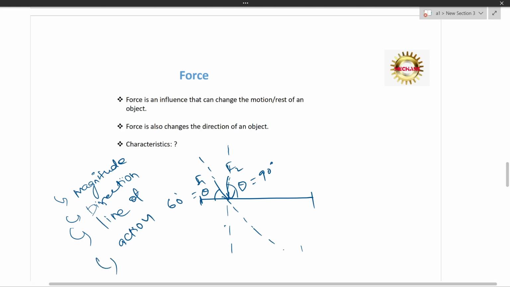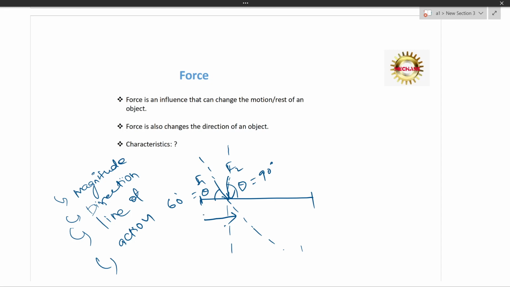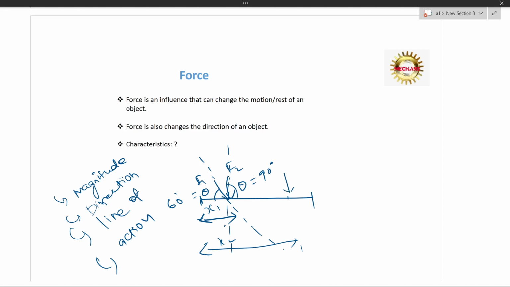And one more thing is there. It's the point where the force is applied. Let's say this is x1, and let's take another distance from here, x2. If the same magnitude force acts here and here, let's say this is F1, 50 kilonewton, and this is 50 kilonewton, then this force has the same magnitude, same direction, same line of action, but the point of application is different from here to here.